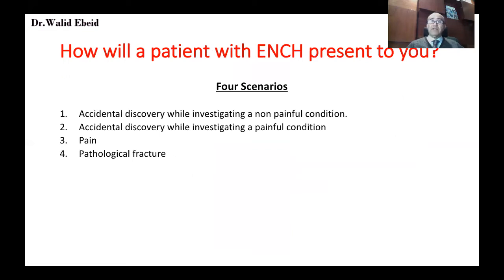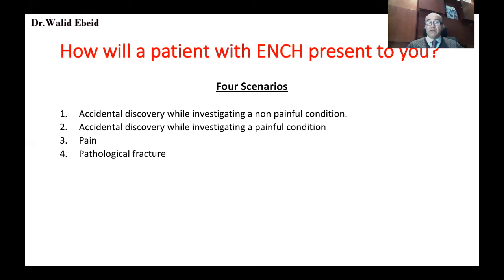So how will the patient with an enchondroma present to the orthopedic surgeon? There are four scenarios. Either they appear accidentally while investigating a non-painful condition. In the recent couple of years, a lot of patients who had chest X-rays to investigate COVID were diagnosed with enchondromas of the proximal humerus. The other scenario is accidental discovery while investigating a painful condition.